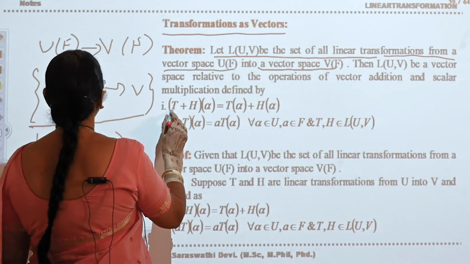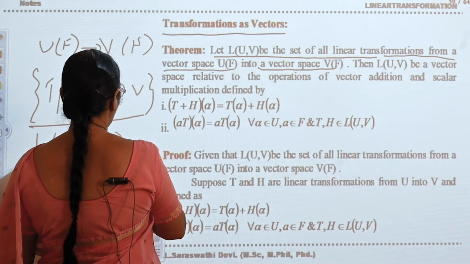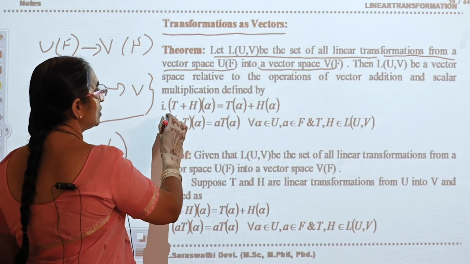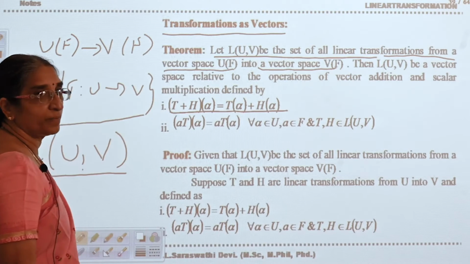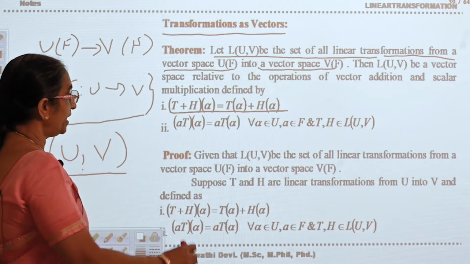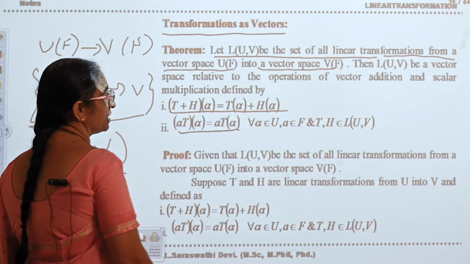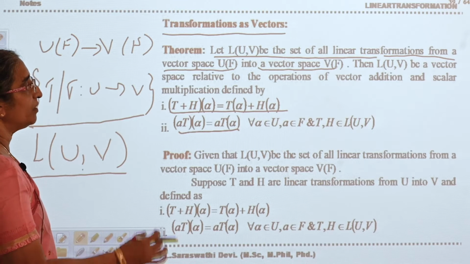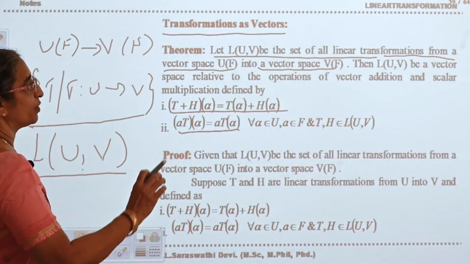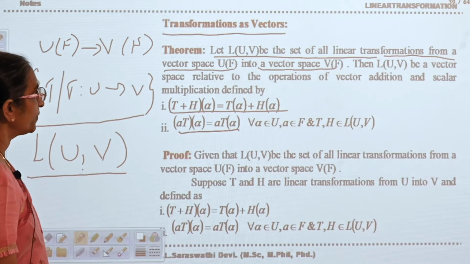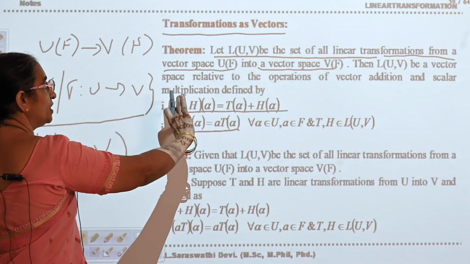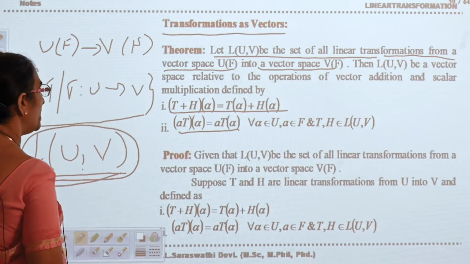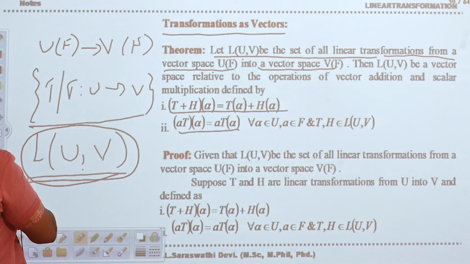See, suppose T is a linear transformation in L of UV, H is a linear transformation in L of UV, T plus H of alpha is defined as T of alpha plus H of alpha, and A into T of alpha is defined as A into T of alpha, for every alpha belongs to U, A belongs to F, T, H belongs to L of UV. Now, with respect to these two operations, this set L of UV will form a vector space, that we are going to prove.